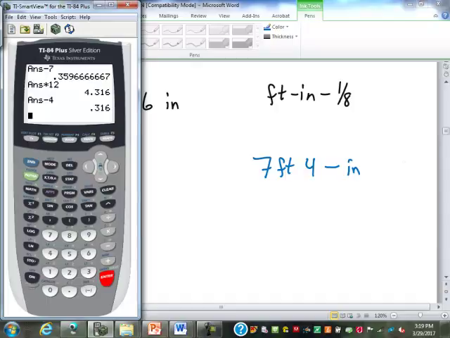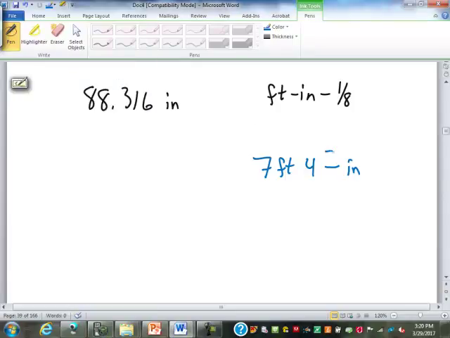I have 0.316. I want to turn it into eighths, so I'm going to multiply by 8, which is 2.5. 2.5 is between 2 and 3. It rounds to which one? 3. So that is going to be 3/8. So any questions on that?